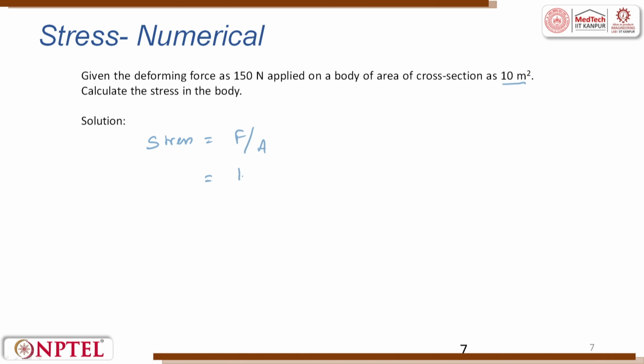So, that is 150 by 10, which is 15 Newton per meter square. To make the problem clear, you can say given F equal to 150 N and area 10 meter square.